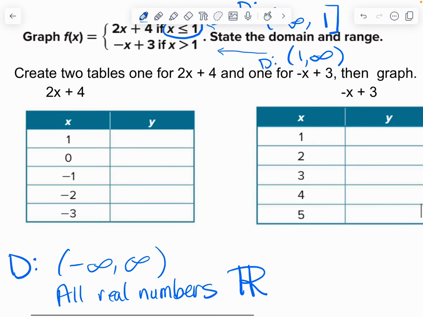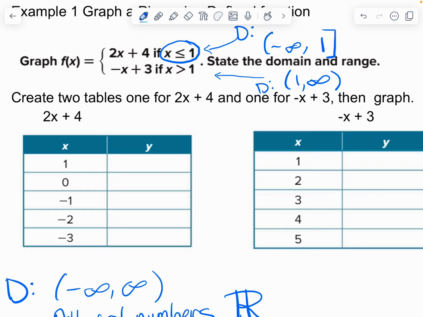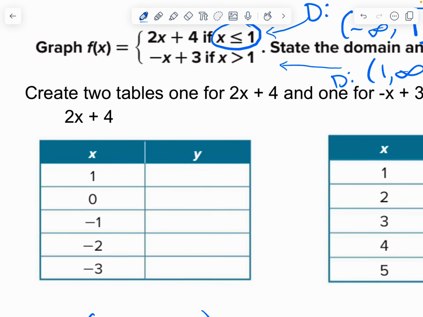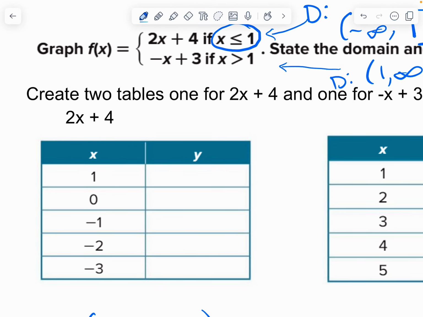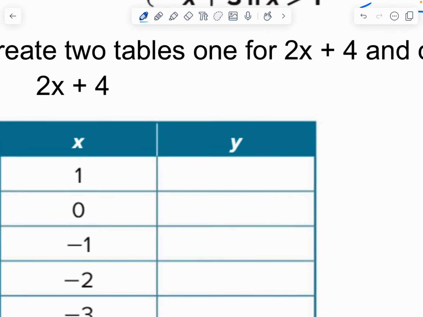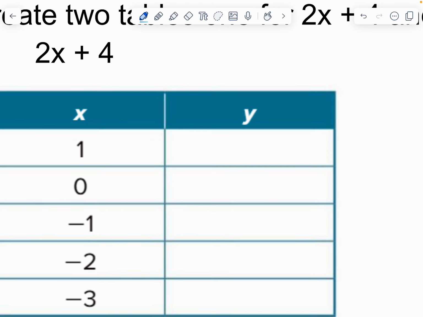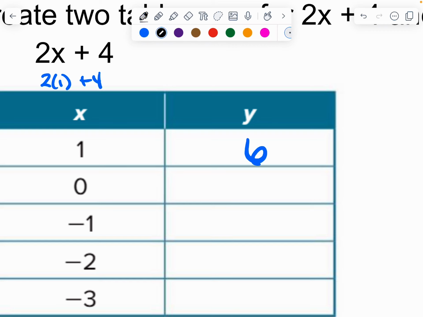Okay, so let's look at this. For numbers 1 and below, we're going to use this function right here, the 2x plus 4. So if I plug in 1, 2 times 1 plus 4 gets me 6. If I do 2 times 0 plus 4, that's 4.